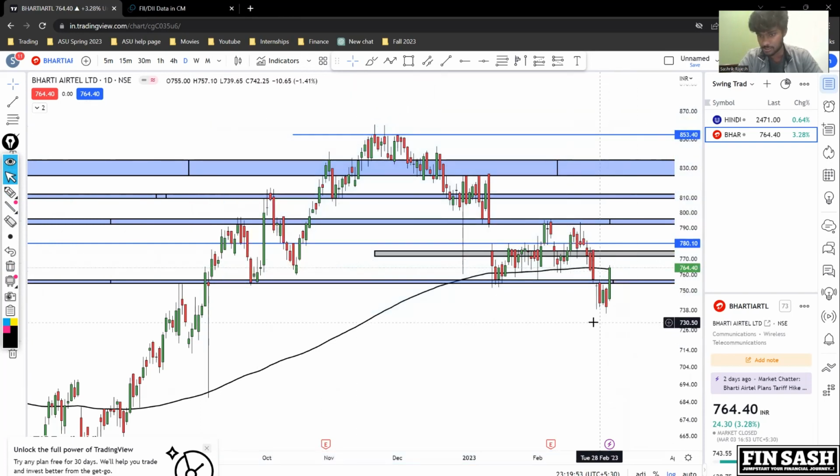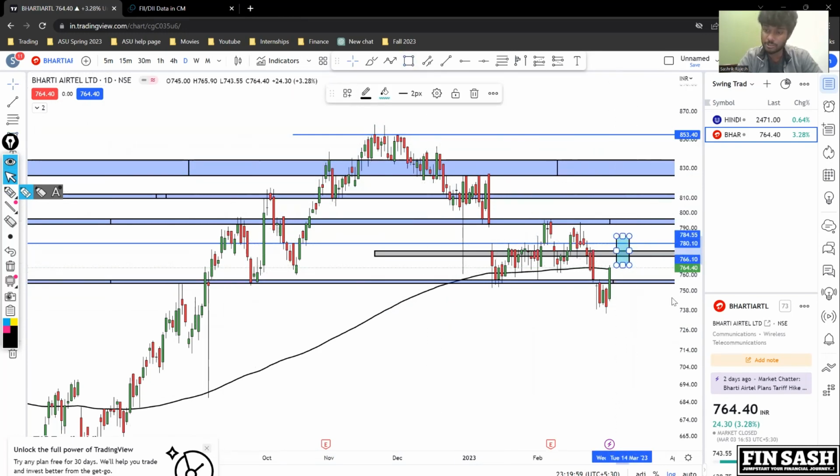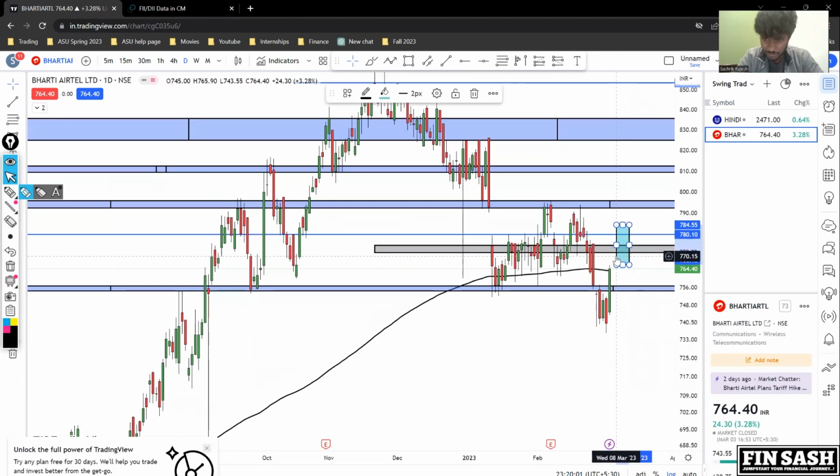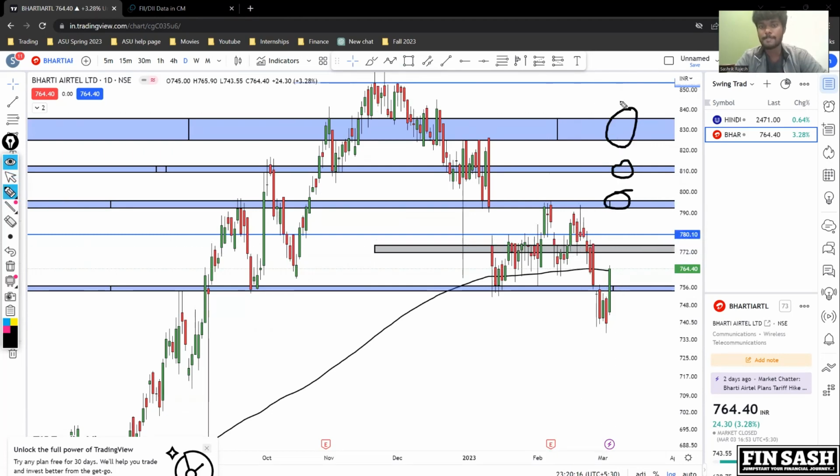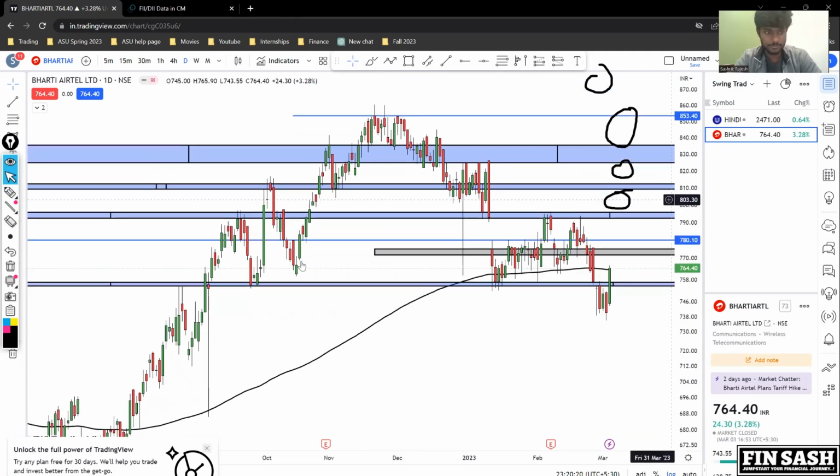It's just below this level. If you guys take up the trade somewhere here, maybe you can, I think even that's fine because you can keep the stop loss below the 200 moving average. So that's also fine. You guys can take up the trade here or above this level. And these are your targets. So both swing trading stocks are for the bullish side.